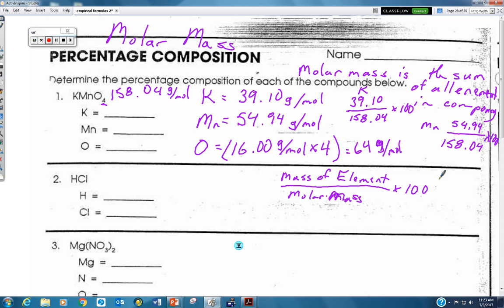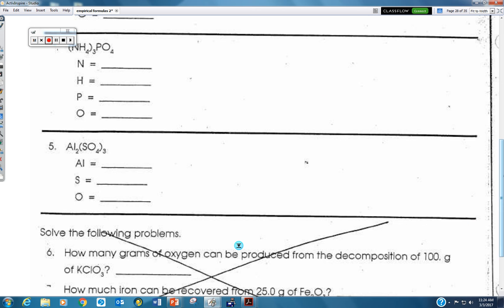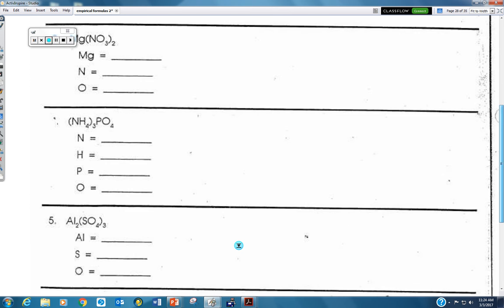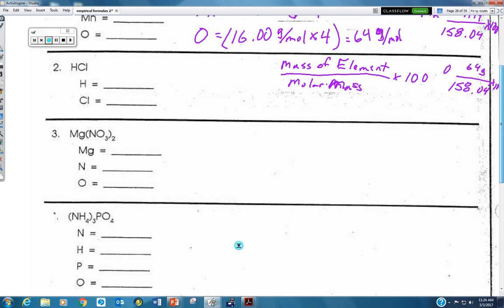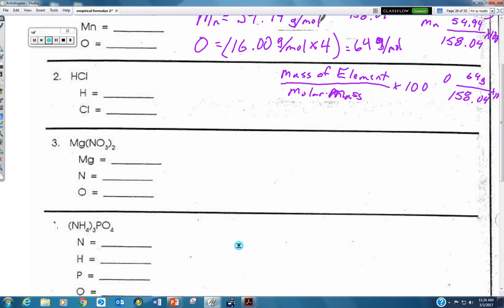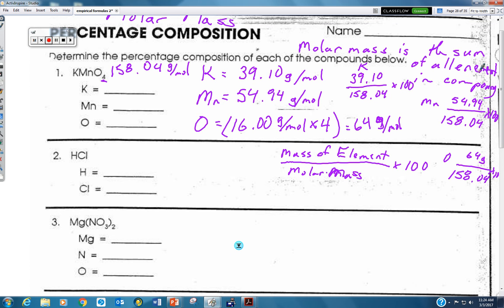And then the last one, oxygen, will be 64 grams divided by 158.04 times 100. All right, take a moment and solve for each of these, and then we will come back and check our answers.